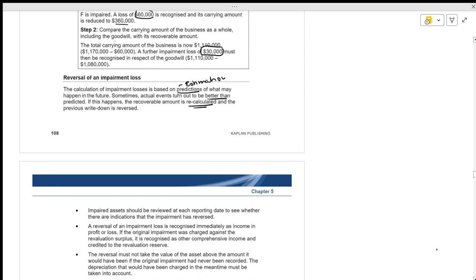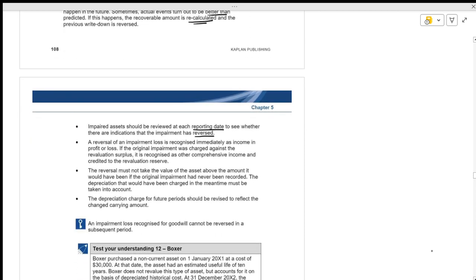Impaired assets should be reviewed at each annual reporting date to see whether there is any indication of a possible reversal. A reversal of impairment loss is recognized immediately. We should not carry it forward for more than a period. If the original impairment was charged against revaluation surplus, always make it a point to first identify the revaluation surplus.